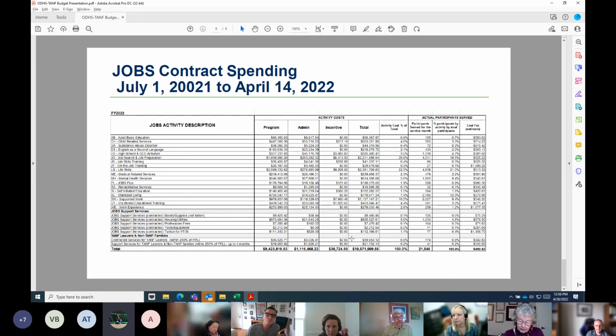One of the things that we've really worked on over the last 2 bienniums is gearing towards getting folks into training and vocational training, instead of just going and getting whichever job. I've been with the agency for 29 years, and this is what I found: it used to be just get them a job and okay.